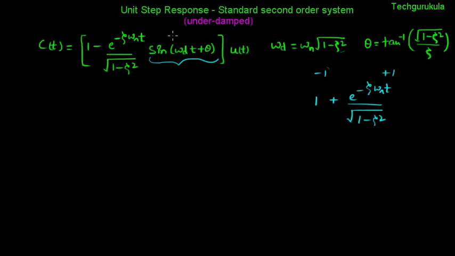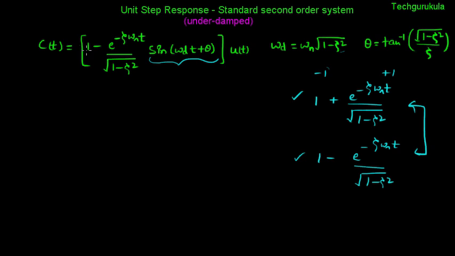And when the sinusoid takes +1, we have 1 minus e power minus zeta omega n t over square root of 1 minus zeta square, which means the C of t function can only be between these two values, this being the upper bound, this being the lower bound.